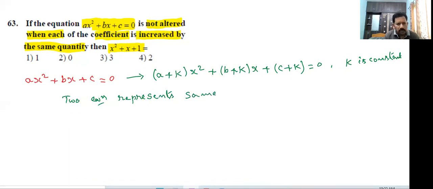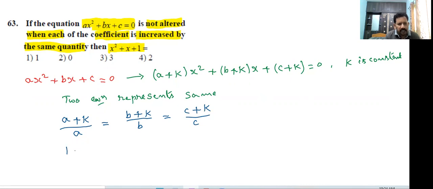So how to do? The ratios of the coefficients are equal. That means I am going to write a plus k divided by a is equal to b plus k divided by b is equal to c plus k divided by c.